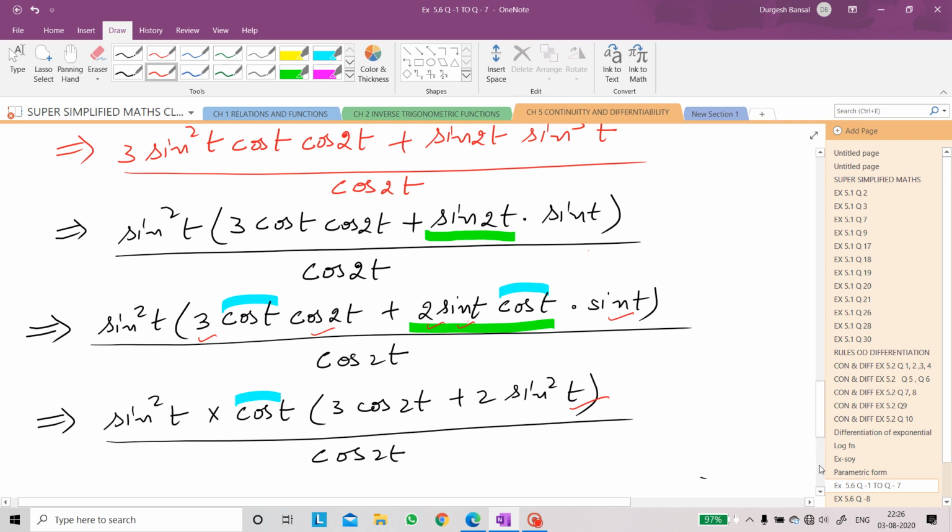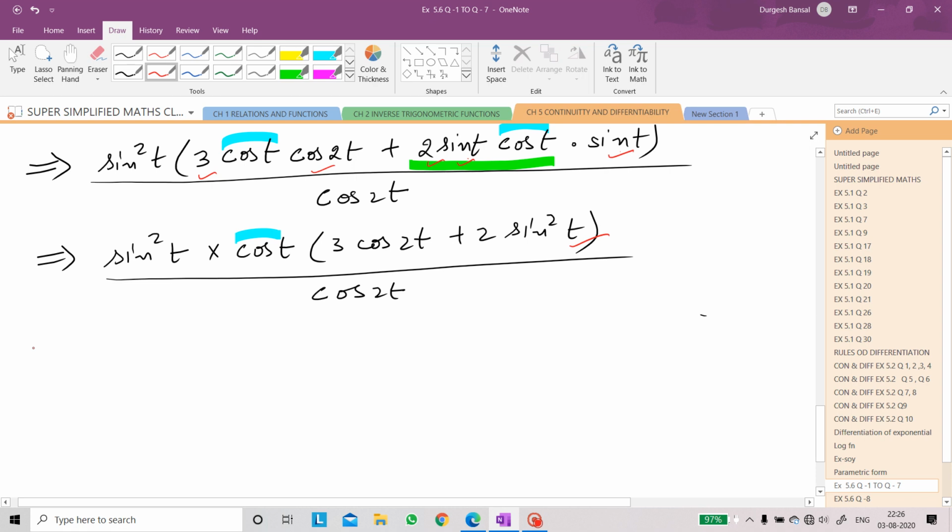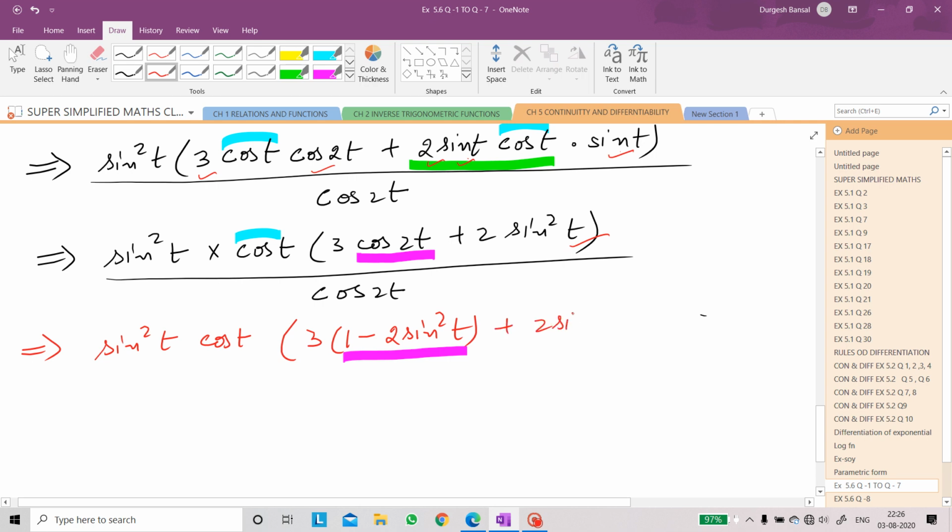Now after this step, what we are going to do is, sin square t into cos t. I can write this cos 2t as 1 minus 2 sin square t. I have expressed this cos 2t as 1 minus 2 sin square t, and rest of the things are as it is, plus 2 sin square t divided by cos 2t.